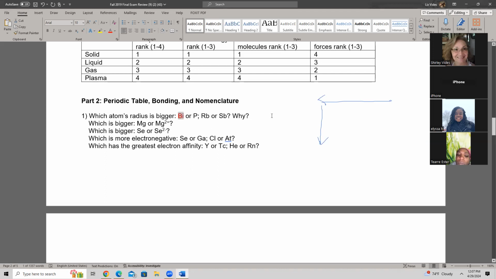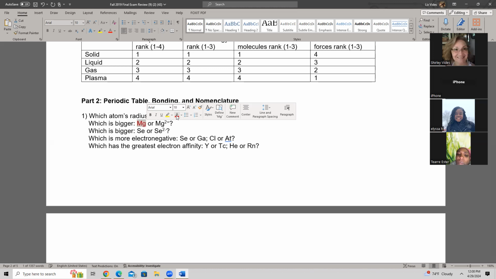All right. And then rubidium or antimony. Let's see, antimony is way over here on the right. Rubidium's on the left. So rubidium. Okay, now let's clear that one because that is no longer that one. As far as radius goes, atomic radius, ionic radius, when you are making a positive ion, remember you have to lose one of your electron levels, therefore you're going to get smaller.